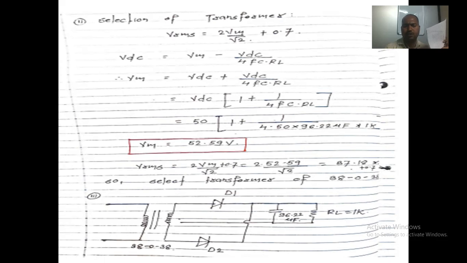First, do the calculation. What is the calculation? 74.24. Okay, plus 0.7. 74.94.